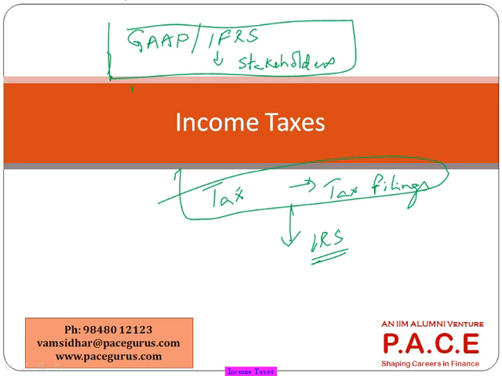But the real tax payment happens based on your IRS document. You have to adjust that with your IFRS based or GAAP based financial reporting tax. That difference, in some cases it could be higher, in some cases it could be lower also. That difference is what we are showing as a part of deferred tax assets or liabilities.